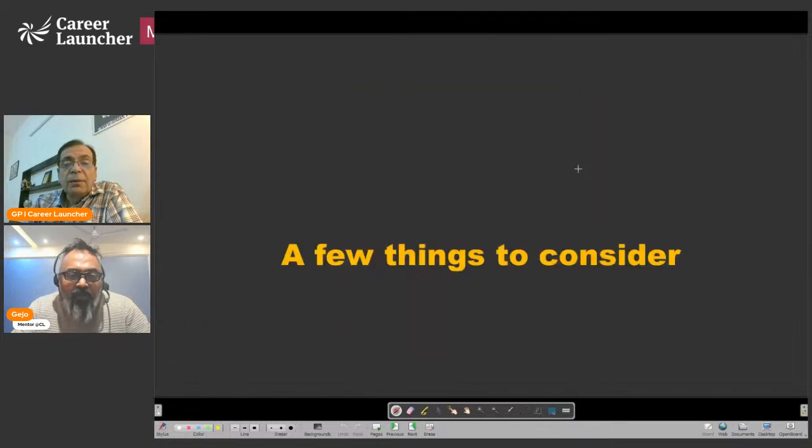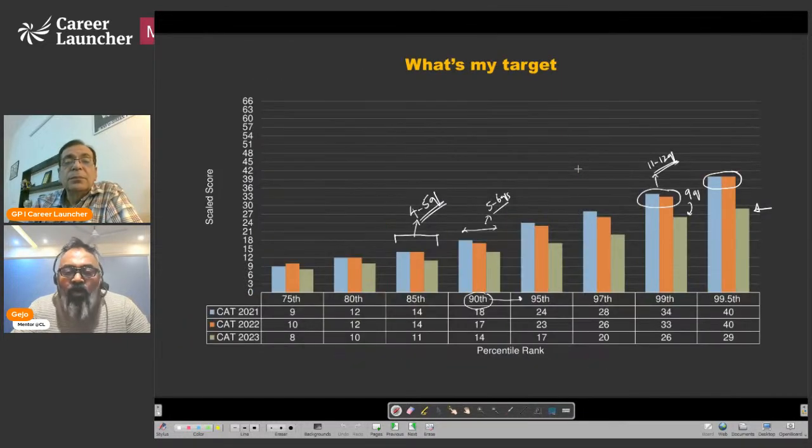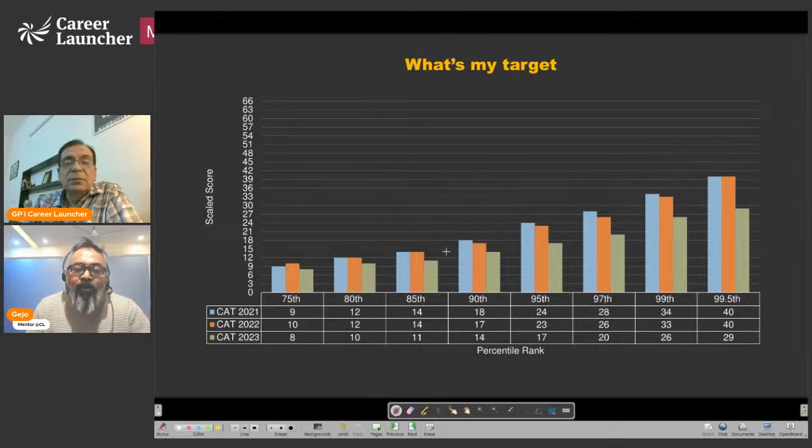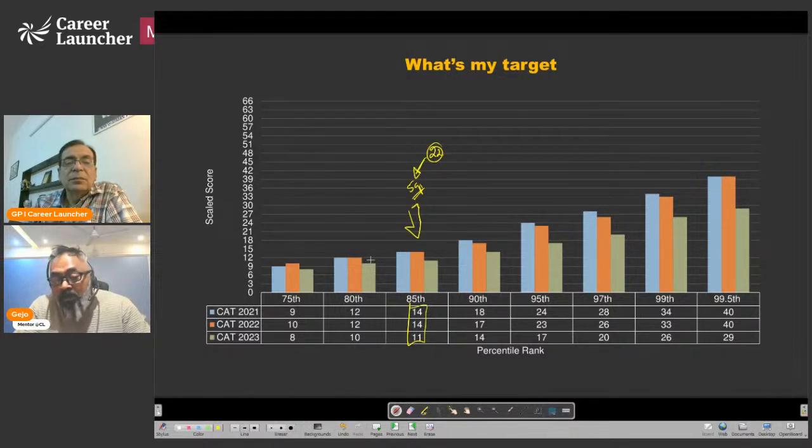So you're right. For example, where you want to be in this chart is completely on you. If your plan of action is that somehow I just have to clear the cutoff, I have to be here, and you're looking at yourself and saying that I have to get about 5 questions out of the 22 questions, here I'm going to create a deliberate strategy only looking at some of this. It's fine. It is after all your paper, not mine, and you know what you're doing.